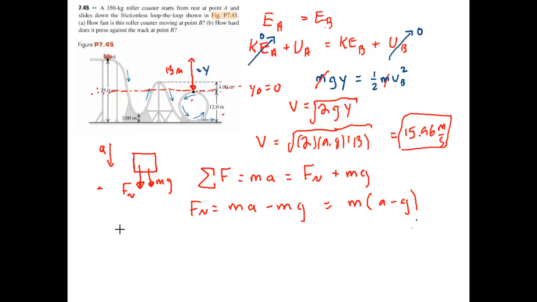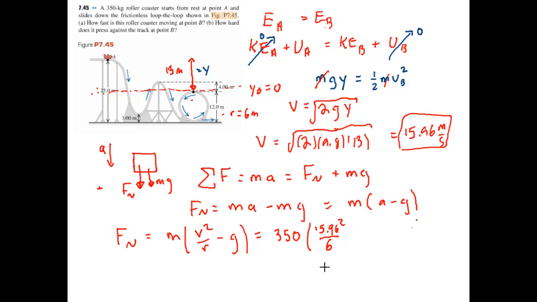The acceleration is radial, so I'm going to say the normal force is going to be equal to the mass multiplied by v squared divided by the radius, minus g. I plug all that stuff in. I get 350 kilograms. I know how fast it's going from the earlier part, so 15.96 is going to be squared. What is the radius of the sky? It's not going to be 12 meters, it's going to be half that. The radius is going to be 6 meters.